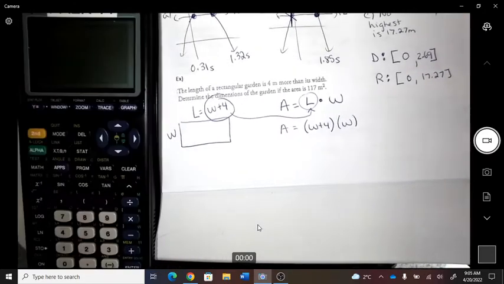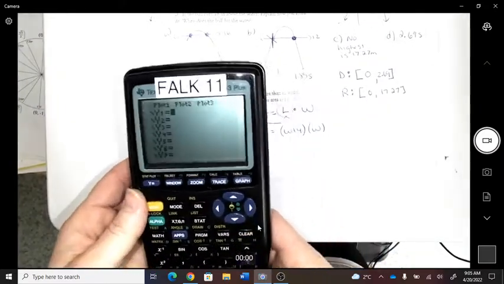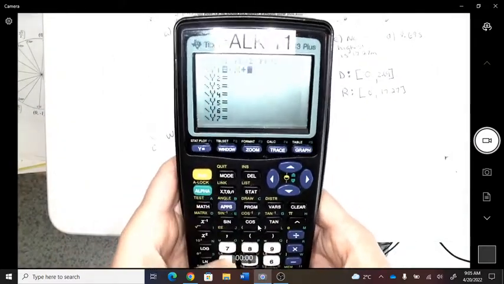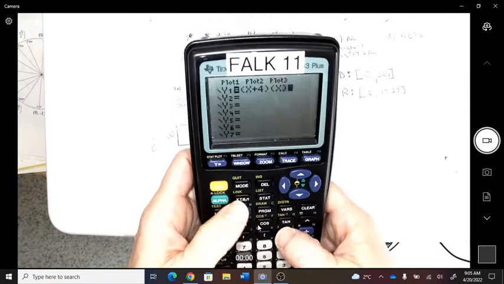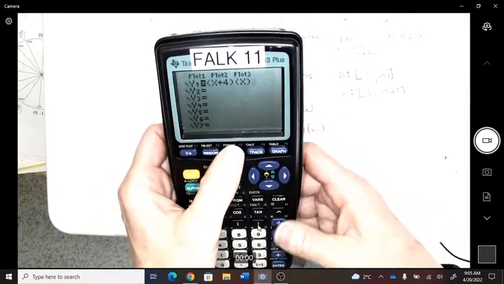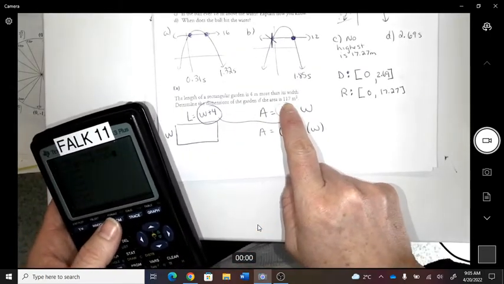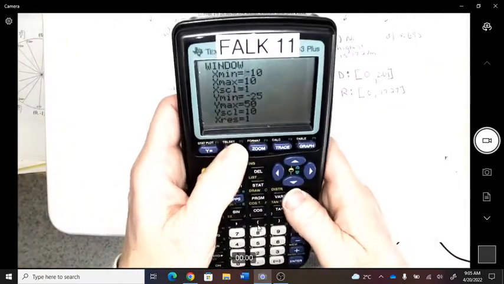Okay, and now I'm ready to put this into my calculator and let the calculator do the work. So y equals, I'm going to go bracket x plus 4 times an x. We want the area to be 117, so let's go to our window here.